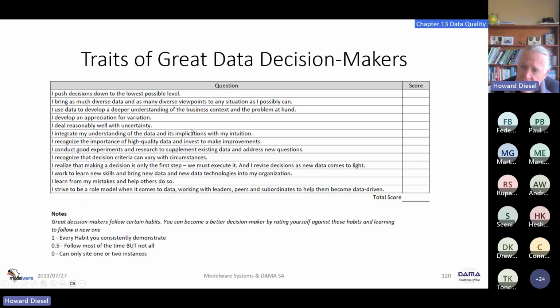Now, what this spreadsheet is doing and helping us decide on is, well, how good are we at making data decisions? So this is almost a challenge that you're going to bring to the organization, to say, well, how many times do you use diverse data and diverse viewpoints in the situation? How many times do you look at understanding the data? How many do you understand the level of importance on high quality data, experimenting on supplementing existing data?